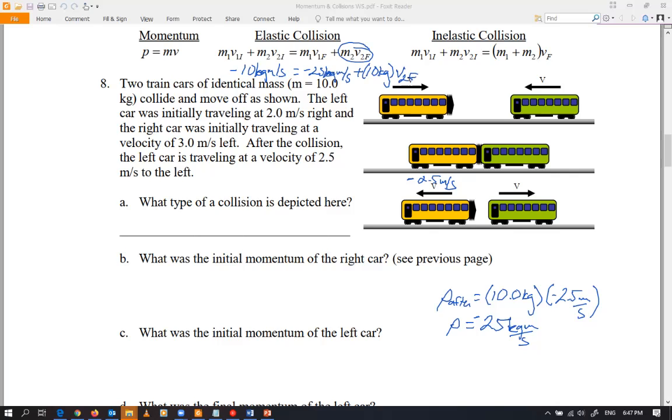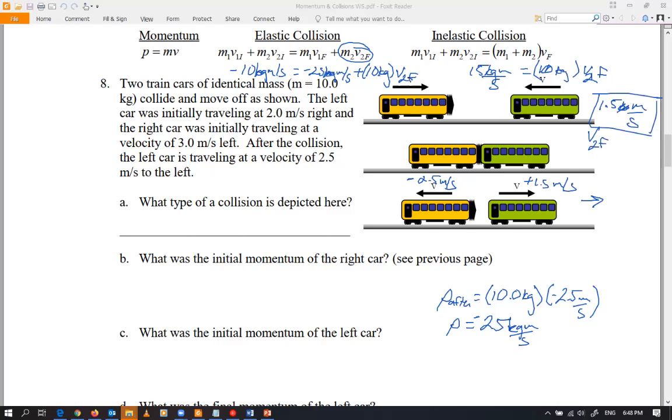We add 25 kilogram meters per second to both sides and end up with 15 kilogram meters per second equals 10 kilograms times V2 final. Then we divide by 10, and that ends up being 1.5 meters per second. That's the final velocity for car 2: 1.5 meters per second. Notice that it's positive, so it's going to be going to the right after the collision.